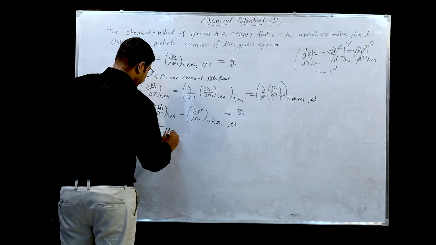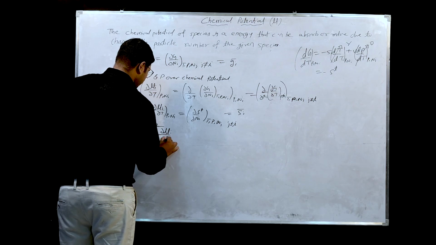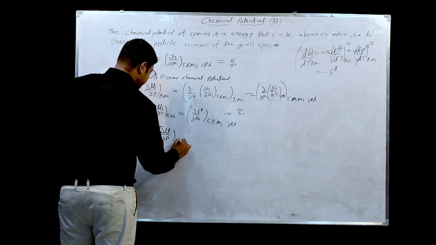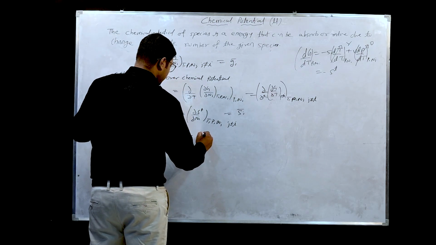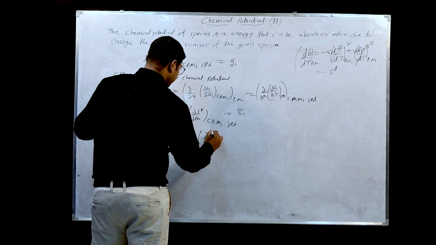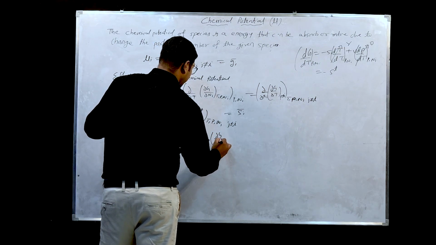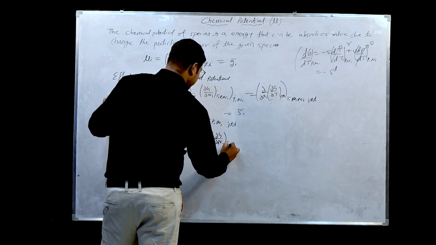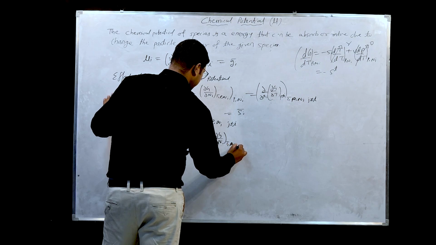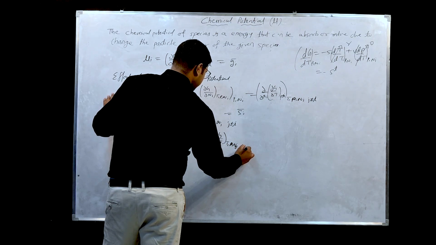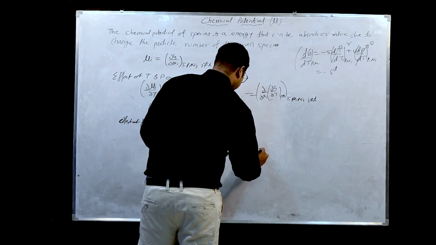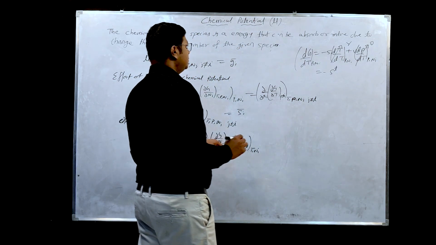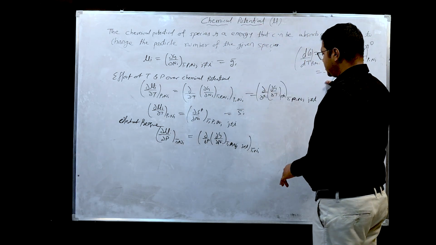So let's take ∂μi/∂P, at that moment temperature and Ni will be constant. So ∂/∂P of ∂G/∂Ni, at temperature, pressure, Nj where j is not equal to i, and here temperature and Ni. We follow the same procedure here.